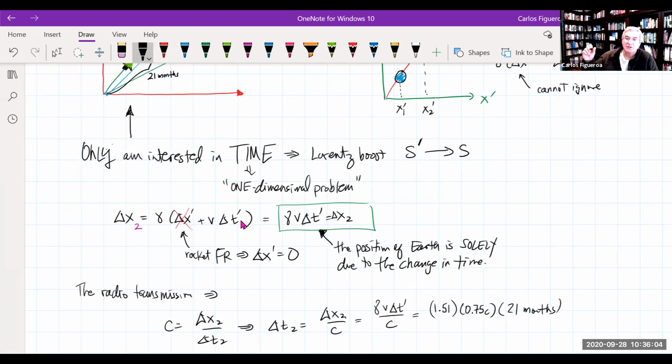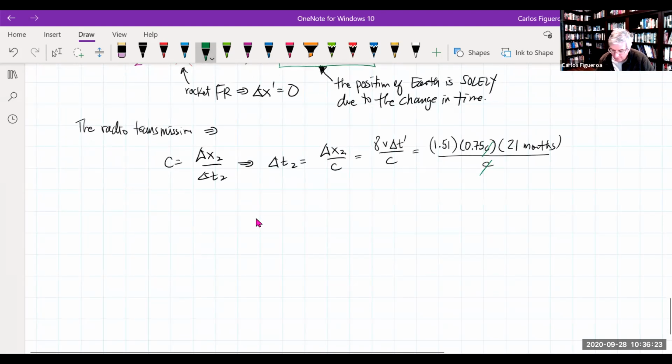So from the 21-month period to when it reaches Earth has to be this distance right there, and then this is divided by c here. So when you compute this, I'm going to get a time here of 23.8 months.